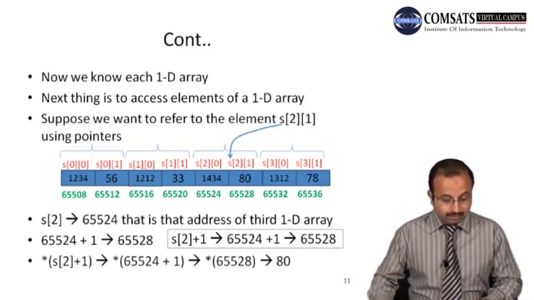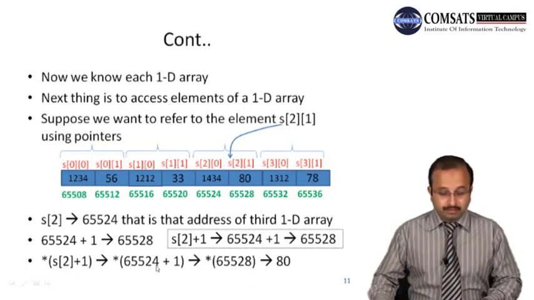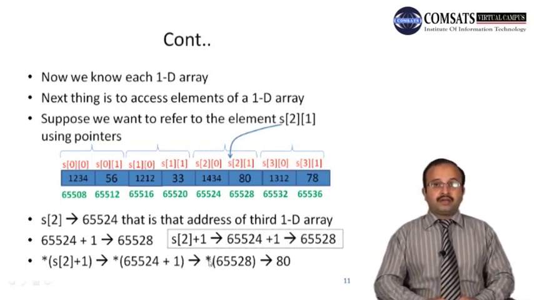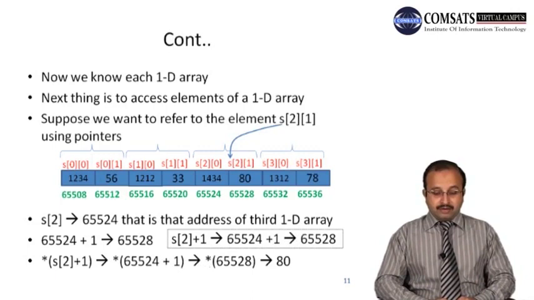This means that writing star of S of 2 plus 1 gives star of 65524 plus 1. Agree? And that gives star of 65528, and star, you remember the star operator, we can read it like this: value at address 65528, and the value at address 65528 is 80.